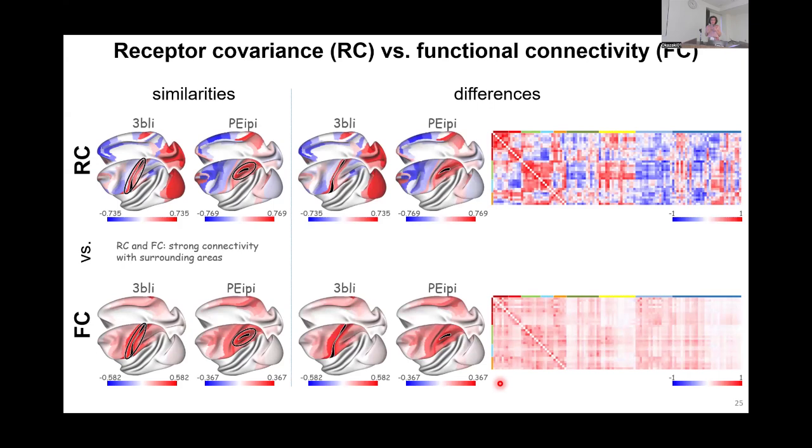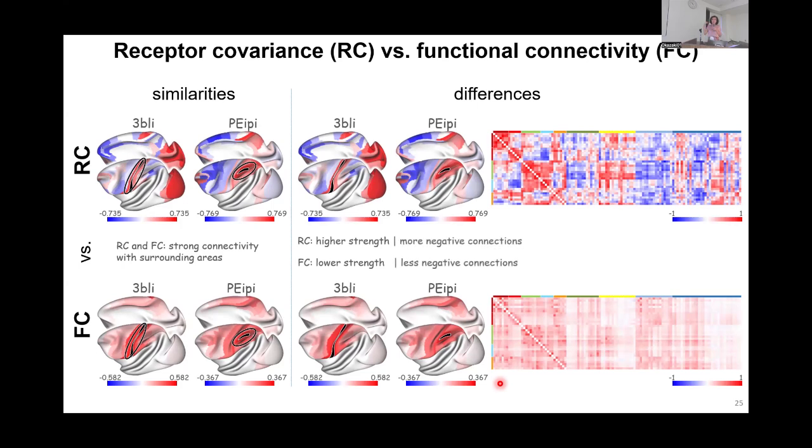And concerning the differences, we can see that the receptor covariance patterns generally have a higher strength than the functional connectivity patterns when we're looking at the same area, okay?